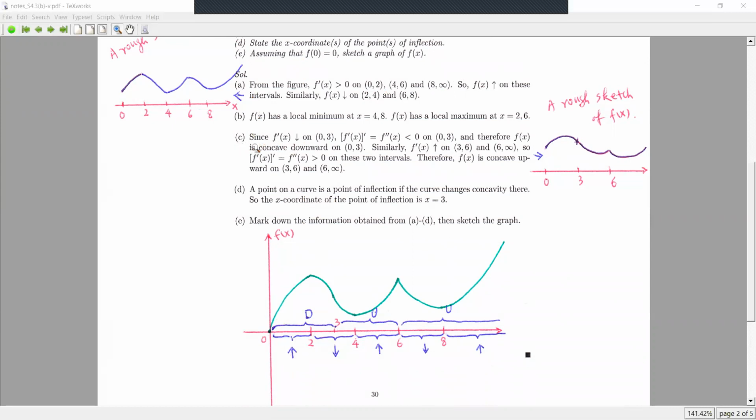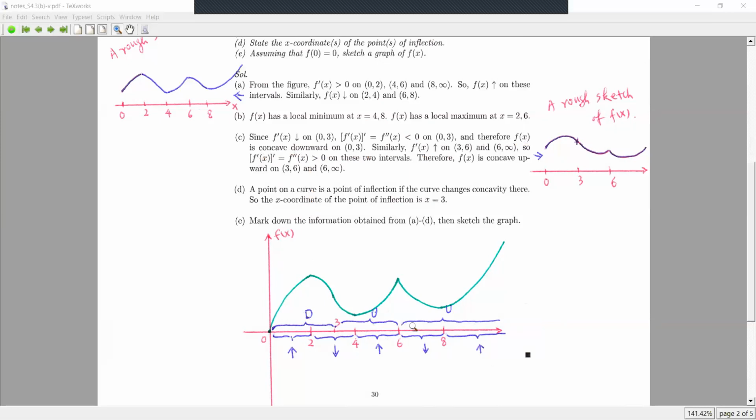From part C, function f is concave down on the interval 0 to 3. So for 0 to 3, concave down, I mark down the information. And similarly, mark down all other information.